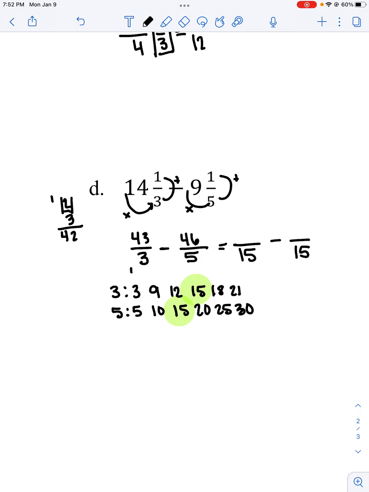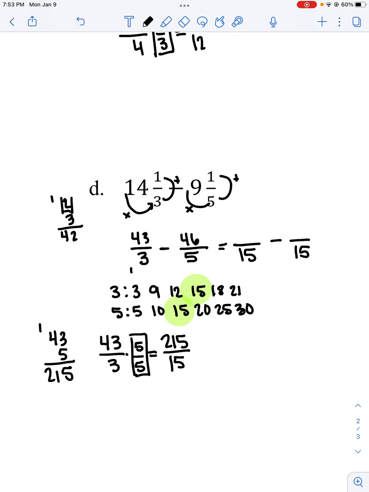So I rewrite my fractions out of 15. 43/3. I use a giant 1. 3 times 5 is 15. 43 times 5. 3 times 5 is 15. 4 times 5 is 20 plus 1.